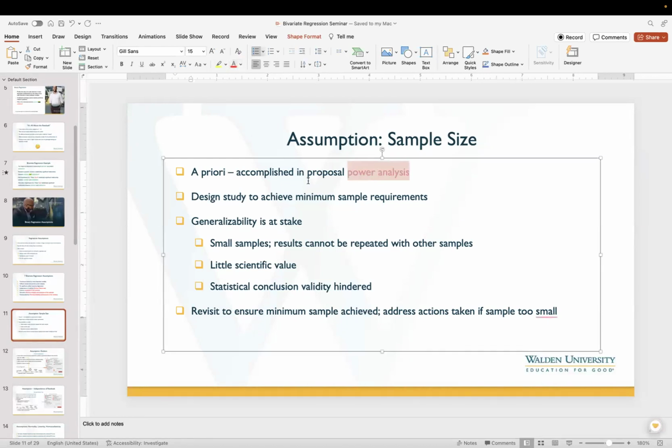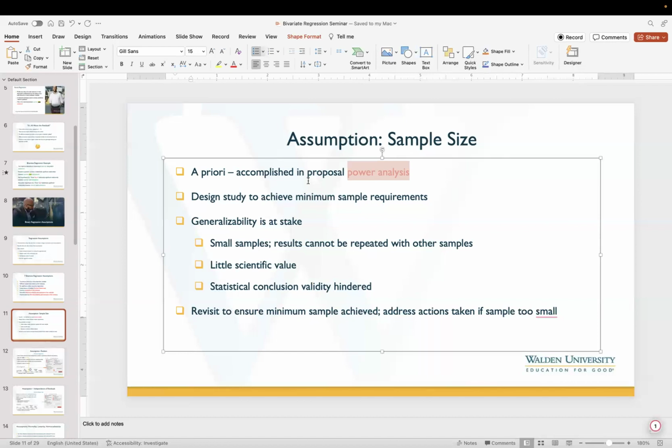So any statistical test requires a minimum sample size. You won't just say in a dissertation, oh, I only had 14 people. No, that's going to be a very underpowered study. So to prevent that from happening up front, you say, based on what I'm doing, these number of variables and this and that, I will need X amount of people.